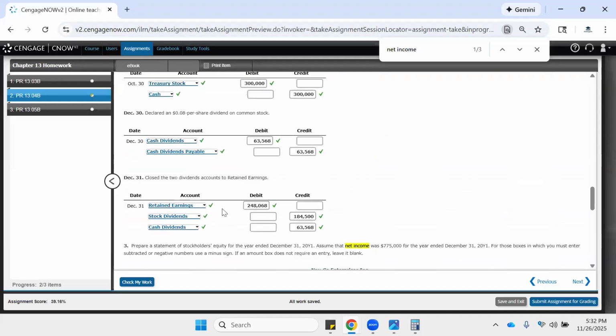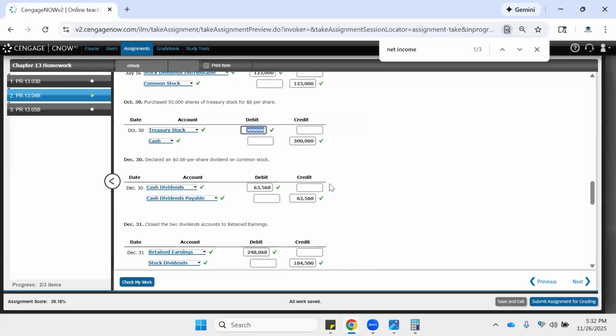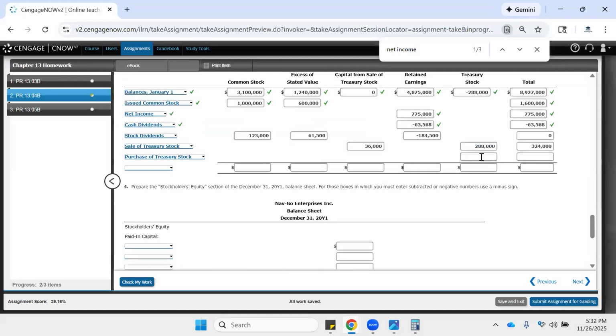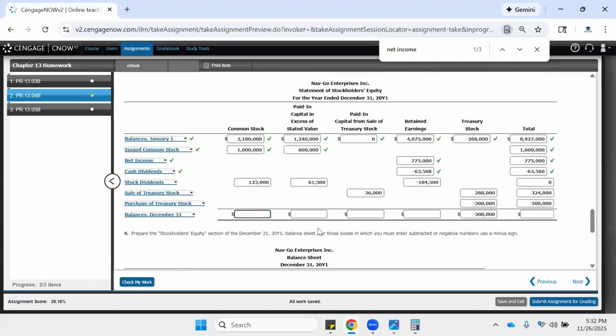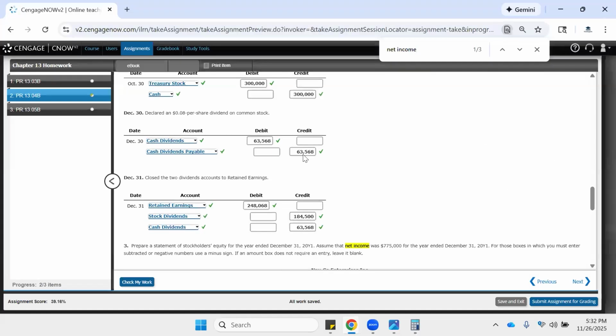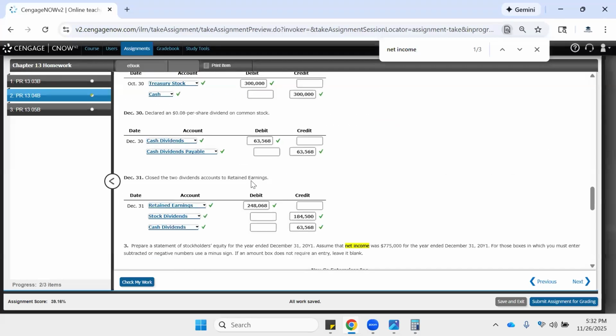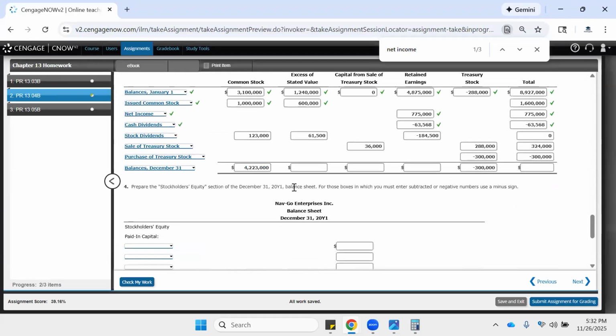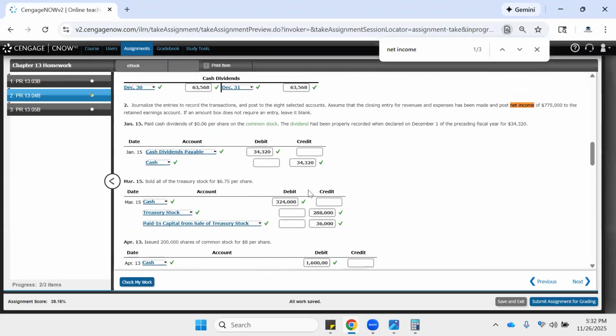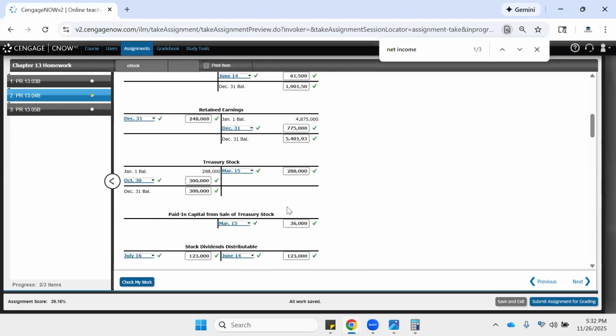Purchase of treasury stock that reduced equity, $300,000, which will also be our ending balance and the net impact. Balances as of December 31st. We calculated it above in all of our T accounts. So we just take those amounts and transfer them down.